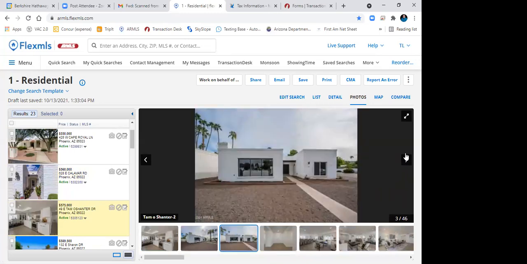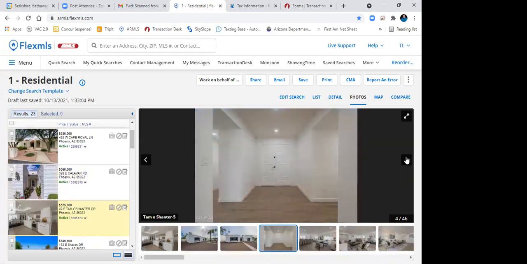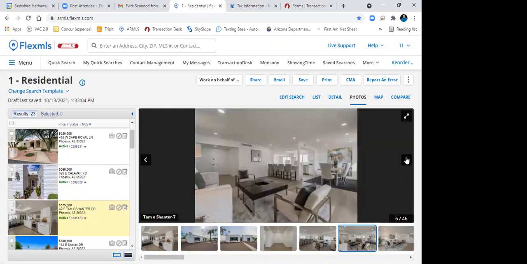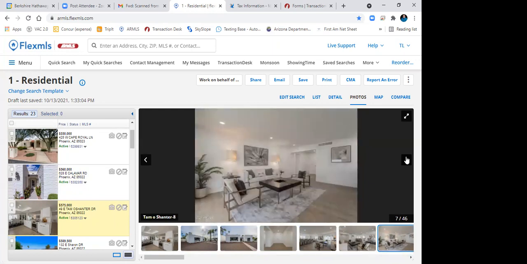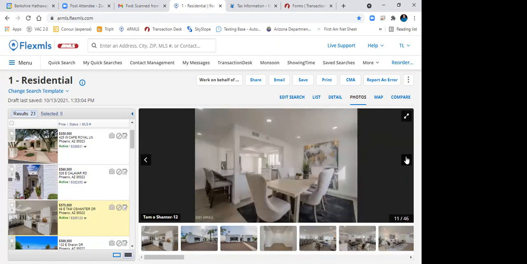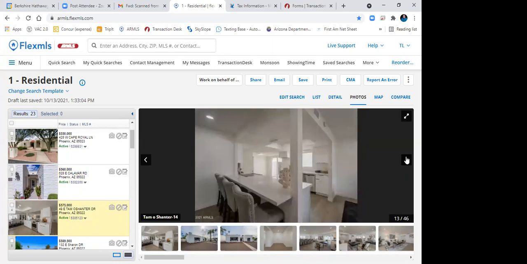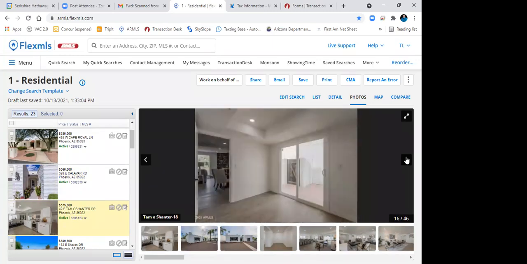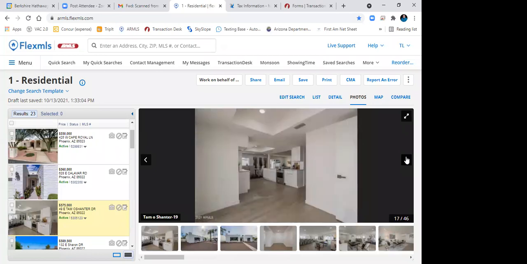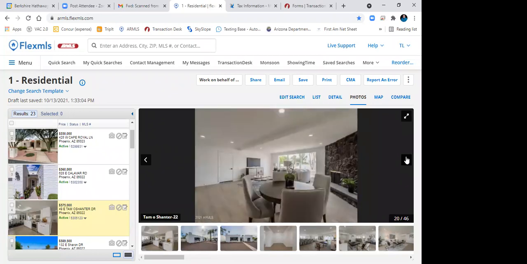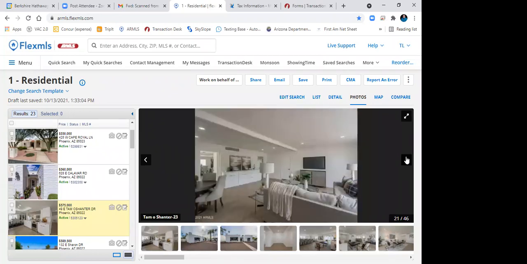This one's funky. It looks like it has a sink in the living room. It's got a very clinical look. Mm-hmm. All white. Let's see where it is. And then the garage situation is kind of weird here too.